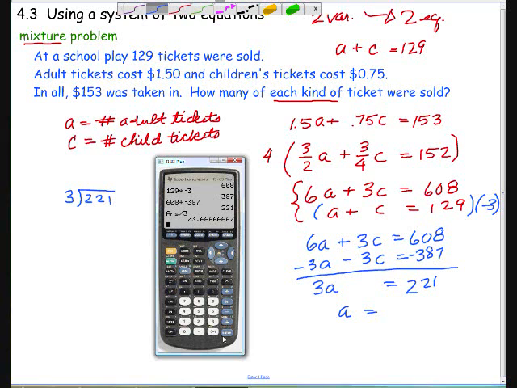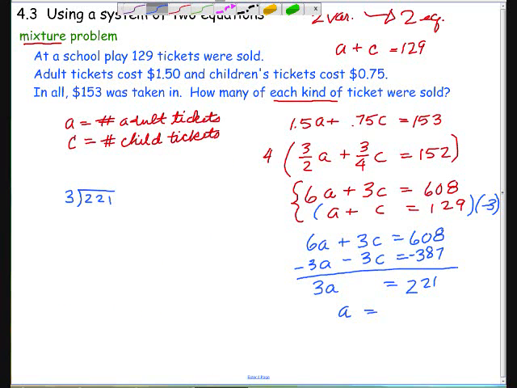Well, I hate this problem. I must have had something wrong in starting it, because we know that they didn't sell a fraction of a ticket, so there's obviously something a little screwy here.